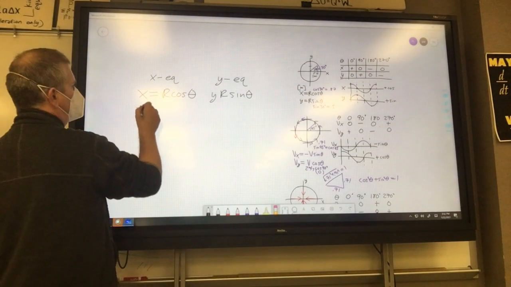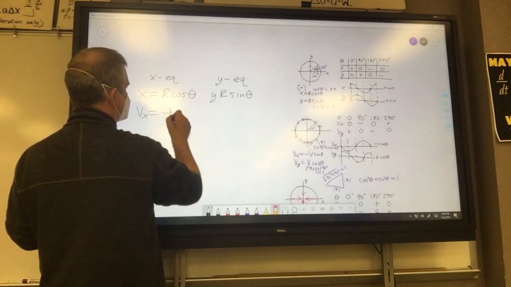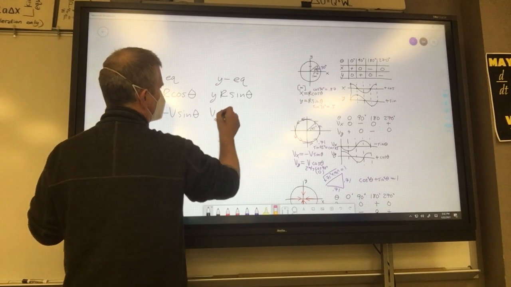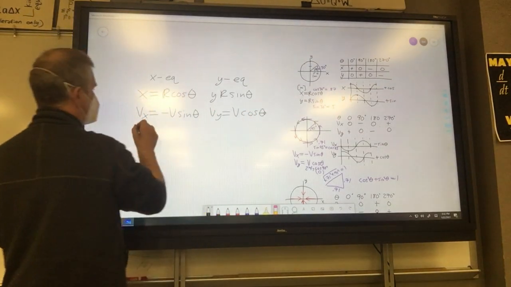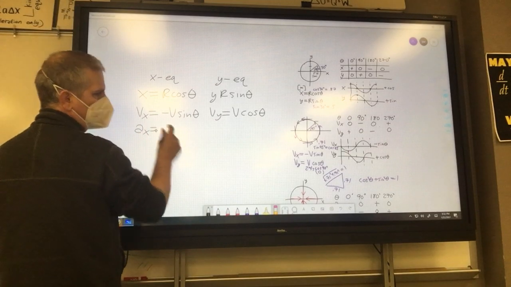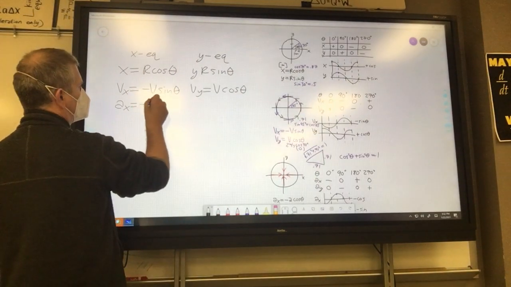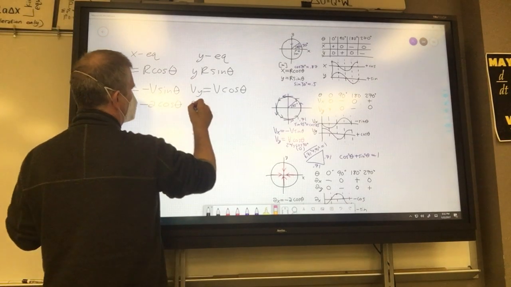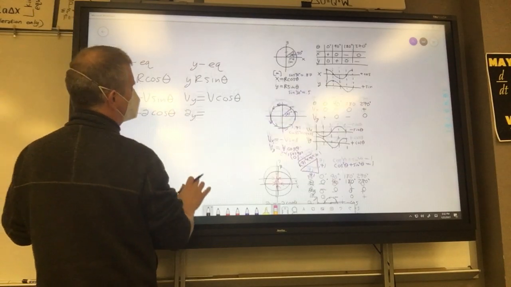We get Vx equals negative V sine theta. Vy equals V cosine theta. Our acceleration in the x direction equals negative A cosine theta, and in the y direction, negative A sine theta.